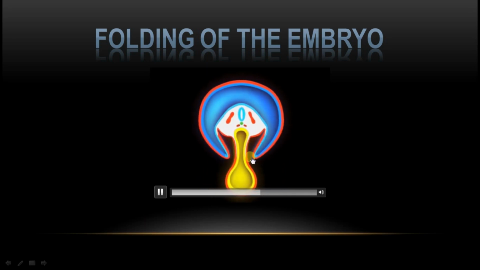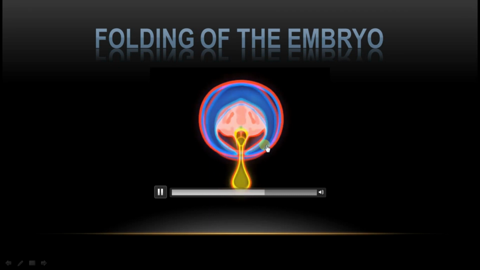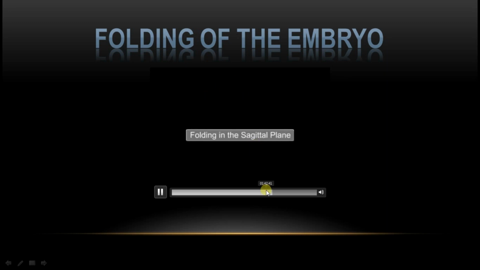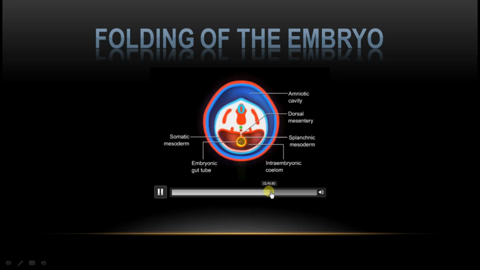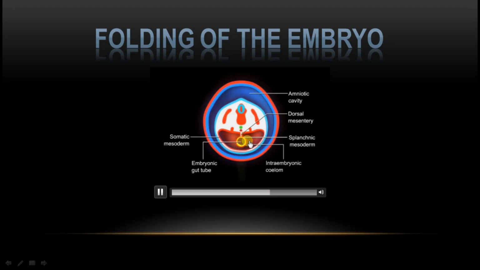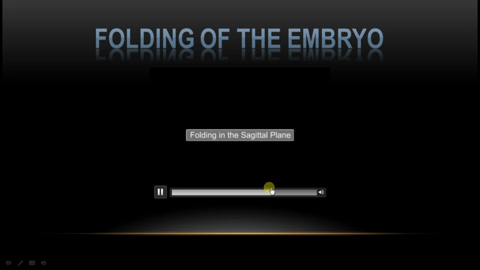The somatopleuric forms the body wall muscles, your external oblique muscle, internal oblique muscle, all those things. This is the peritoneal cavity, which is lined by the serous membrane, the peritoneal membrane, mesothelium.